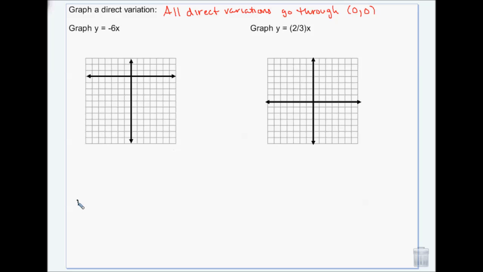So step 1 is going to be put a dot at 0, 0. We're doing this one, y equals -6x, I put a dot at 0, 0.